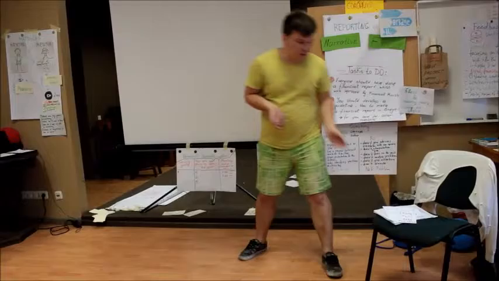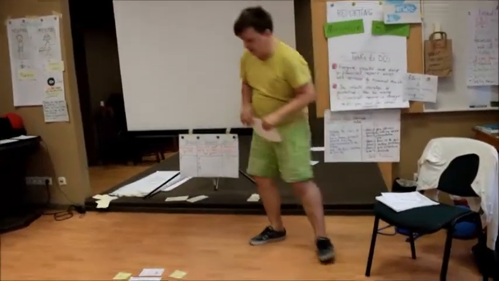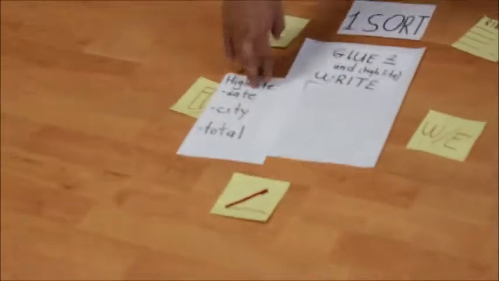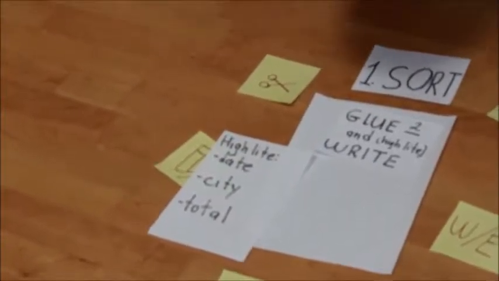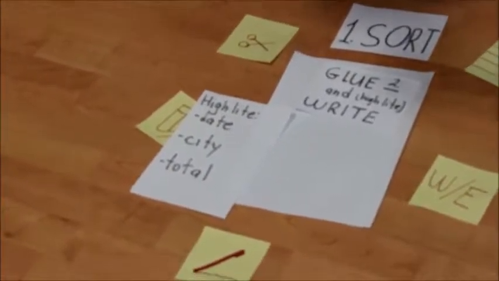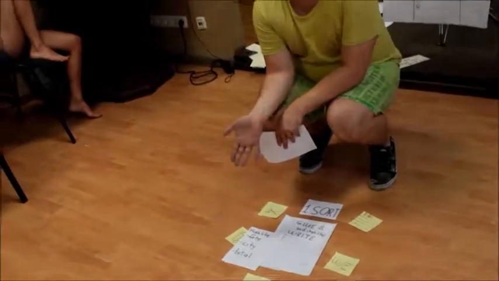When you glue it, you have to highlight 3 things on your receipts: the date on the receipt, the city, and the total amount. It is very important to remember that the total can be not in the currency in which you were financed.